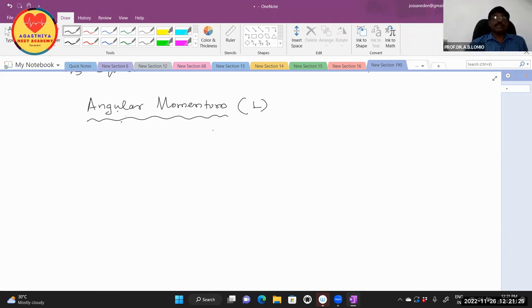The angular momentum is denoted by the letter L. Angular momentum in terms of linear momentum is the product of linear momentum into radius. Linear momentum is the product of mass into velocity into r. Here the velocity is orbital velocity.